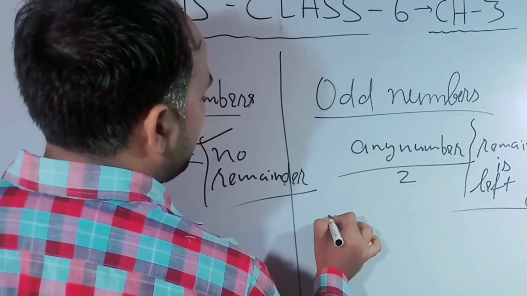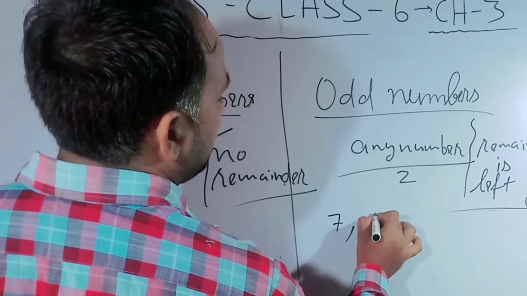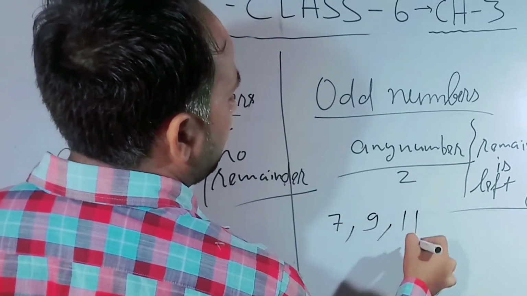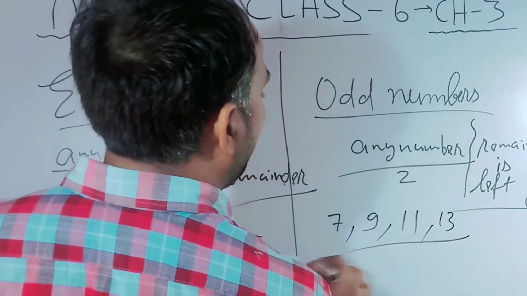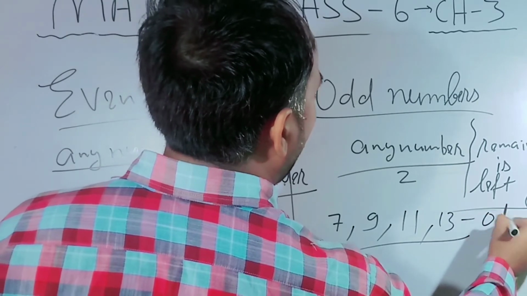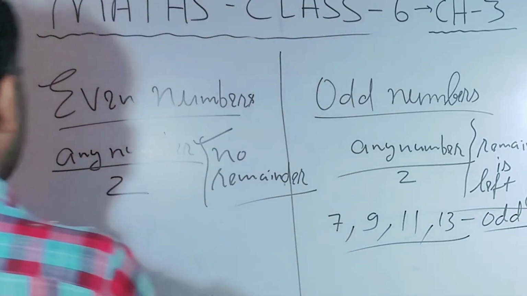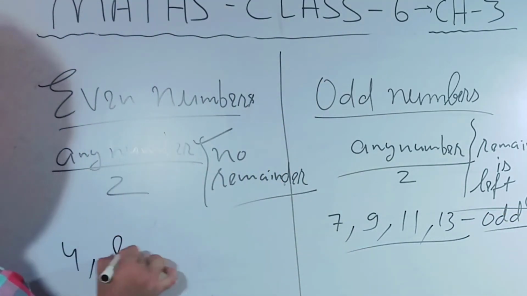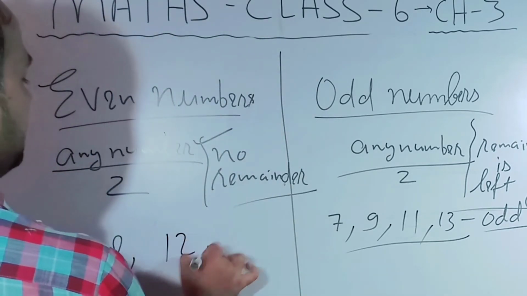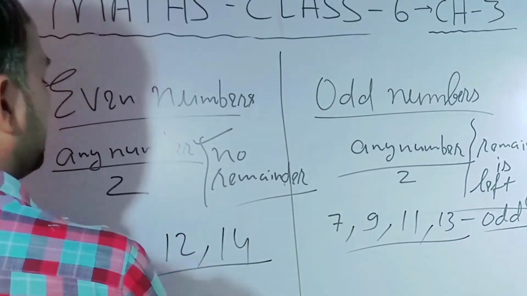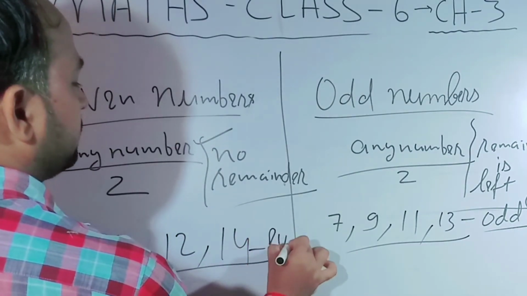Example, you can see over here 7, 9, 11, 13: odd numbers, all are odd numbers. Here 4, 8, multiples of 2, 12, 14, all are even.